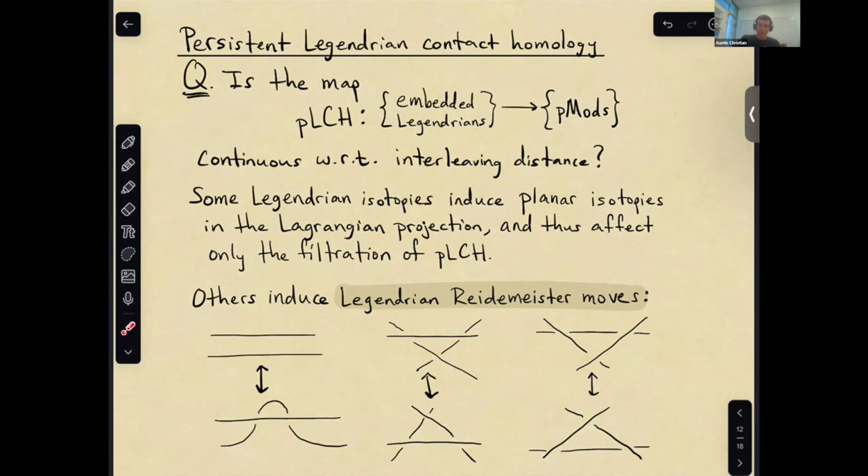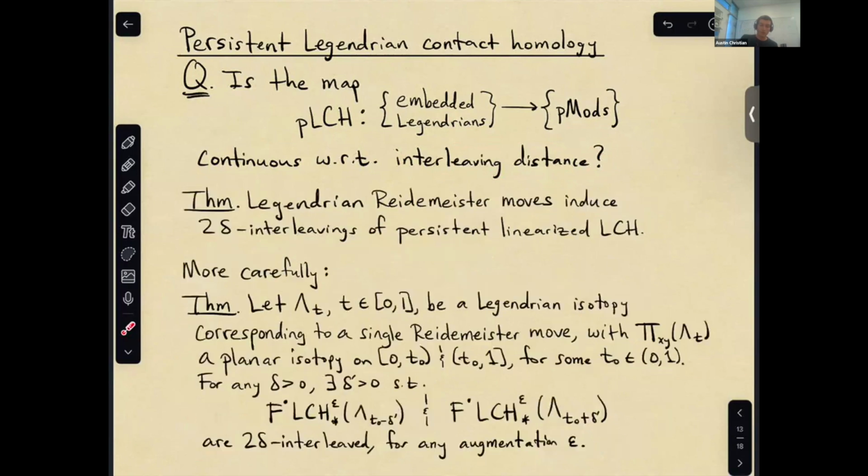before and after pictures. So the Legendrian isotopies which induce planar isotopies in the Lagrangian projection almost trivially induce very small interleaving distance moves on your barcode level. The thing that you really have to go check is the Reidemeister move portion of this.